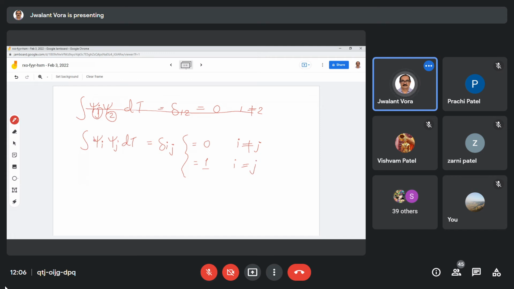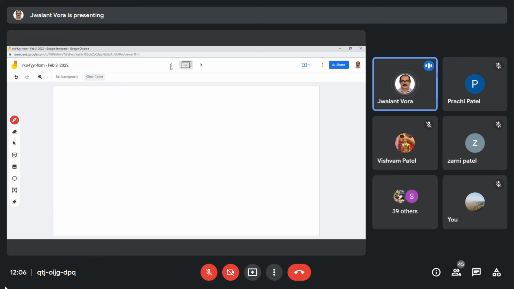So આને આ ઇન્ટિગ્રેશનને ક્રોનેકર ડેલ્ટાના ફોર્મમાં લખાય, with first function and the second function as the subscript. So this is about the Kronecker delta ij.